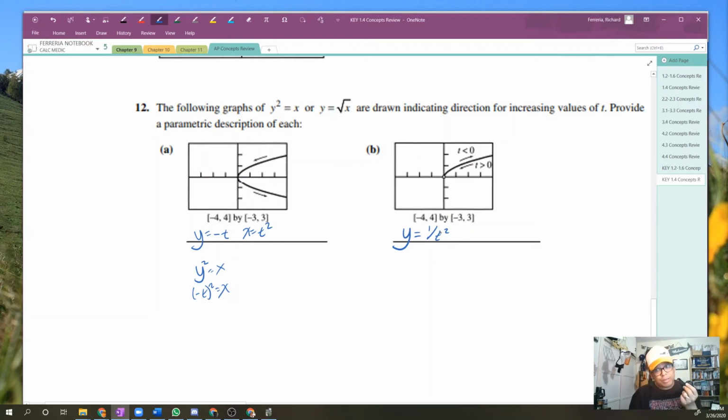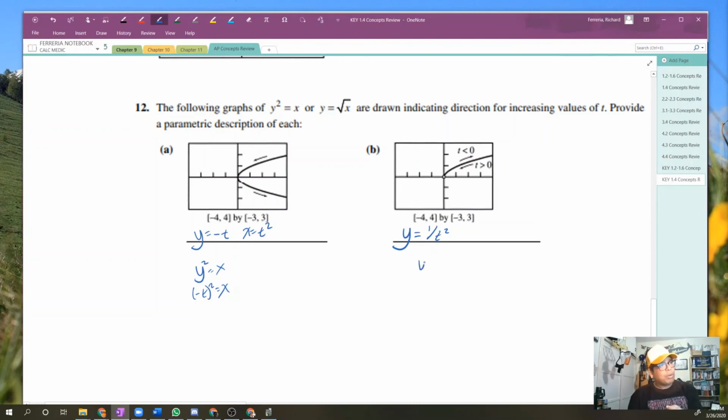When t is 1/10, you have 1 over 100. And then when t is, say, 1, you get 1. And then when t is 2, you get 1/4. When t is 3, you get 1/9. So we're getting closer and closer to 0 again. So this will have the idea that the function will move outwards and then back inwards as indicated by these directions.